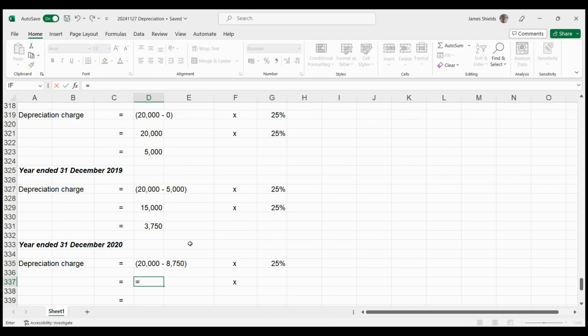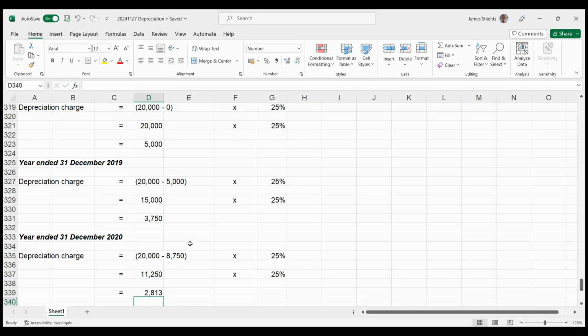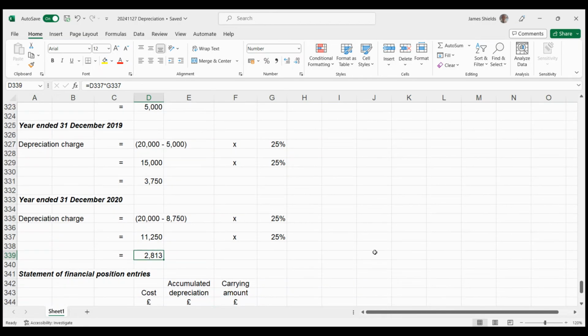So we've got 20,000, take away 8,750, gives us 11,250, times that by our 25%, giving us 2,813. So again, that's been rounded to the nearest pound.